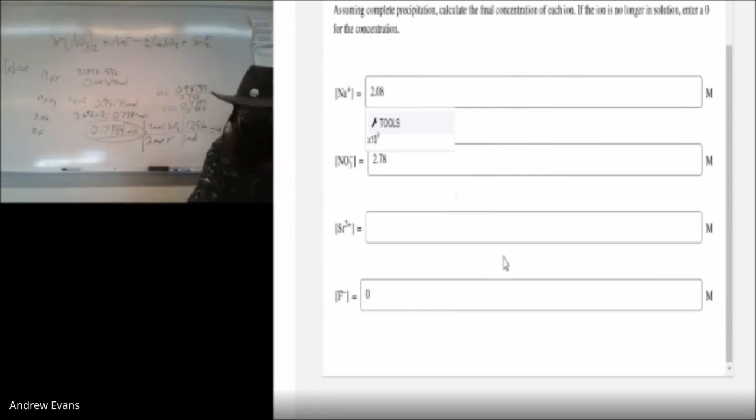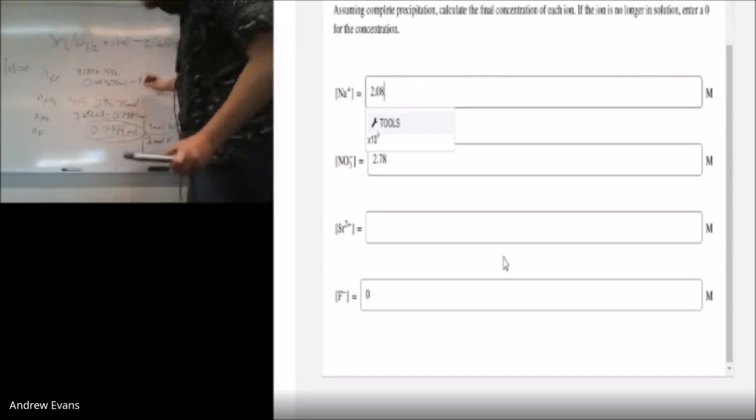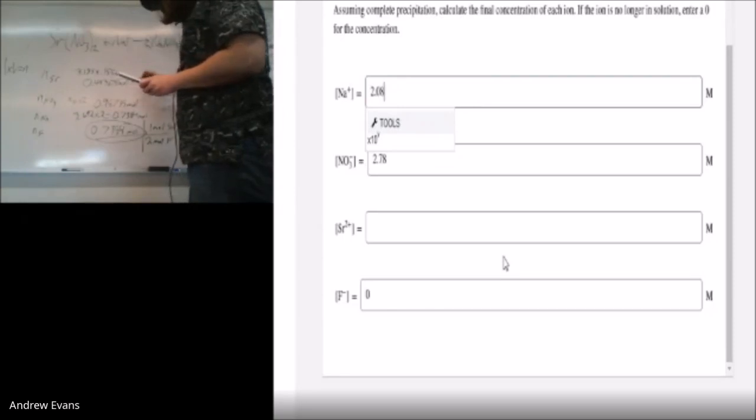And for every 2 moles of fluorine, we react with 1 mole of strontium. So how much strontium would react? We would react with 0.3692.